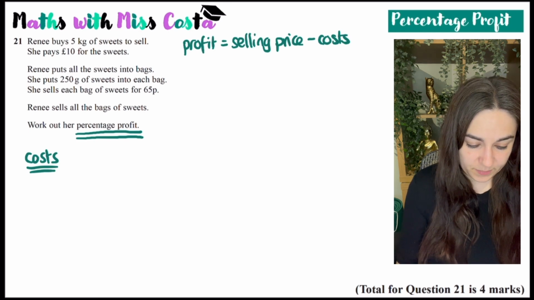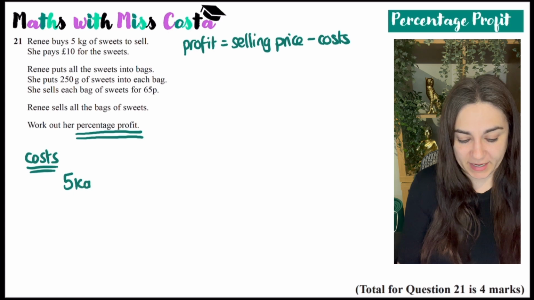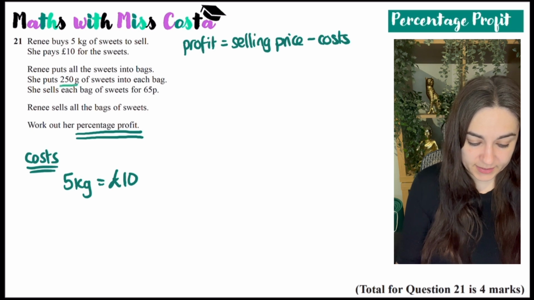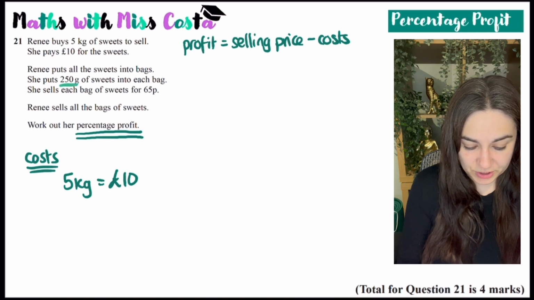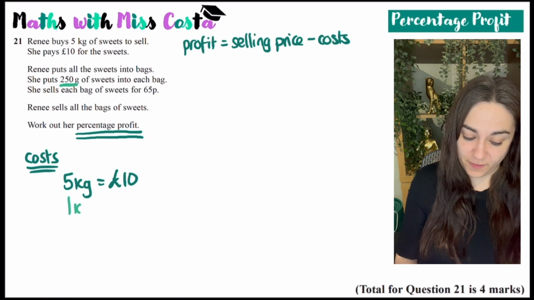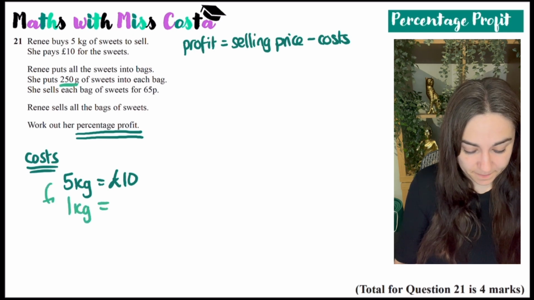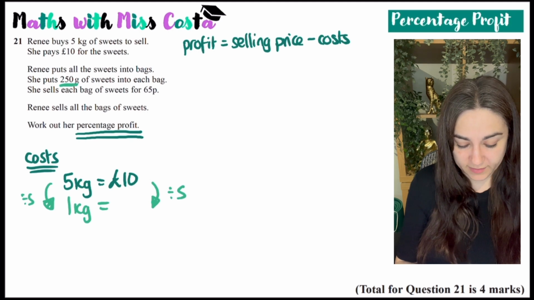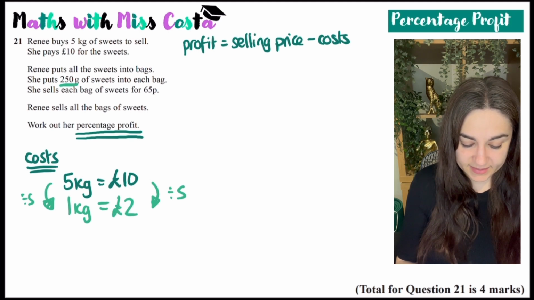So I know that she buys 5 kilograms of sweets and she pays £10 for that. And then she puts all of the sweets into 250 gram bags. So I know that 5 kilograms is £10. I could then work out what 1 kilogram must be. So 5 divided by 5 gives you 1. So I'm going to do the same to this side. So 10 divided by 5 is £2.